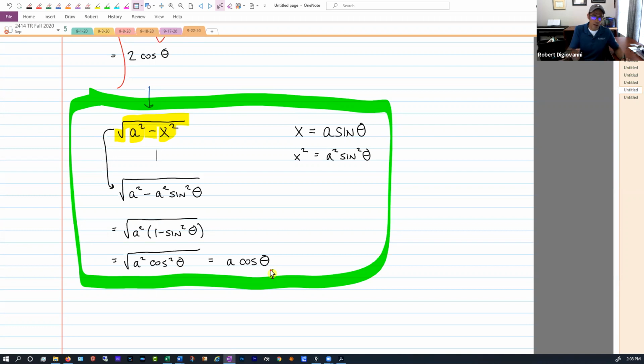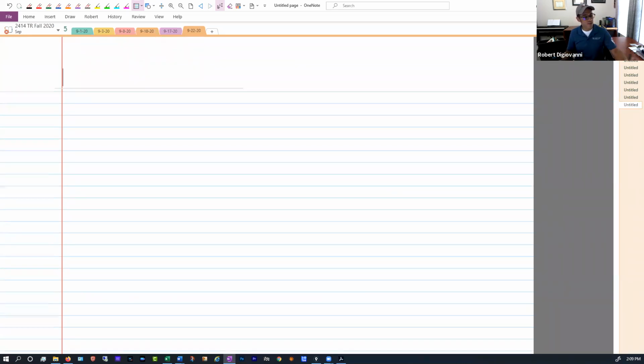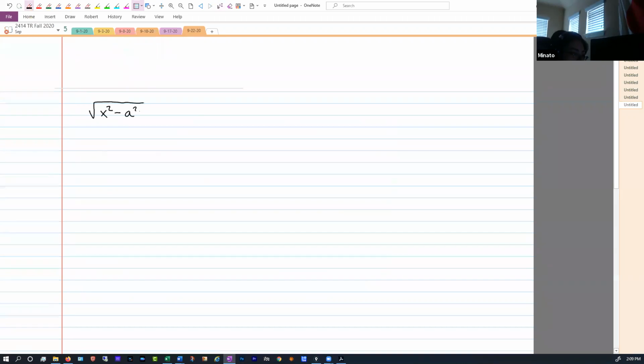Now, we haven't done any integrals with this at all yet, right? So I want us to consider something else now. I want us to consider this expression. That is not the same thing, right? I've switched the order.